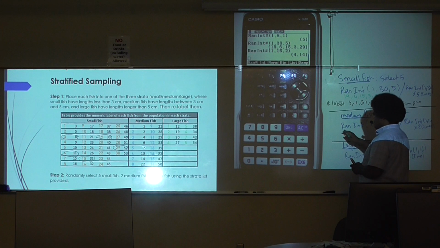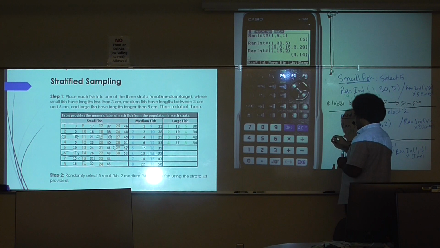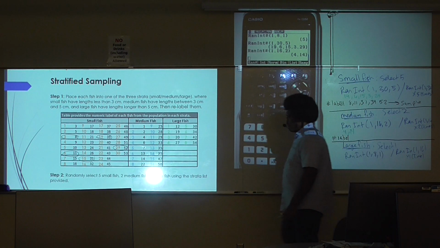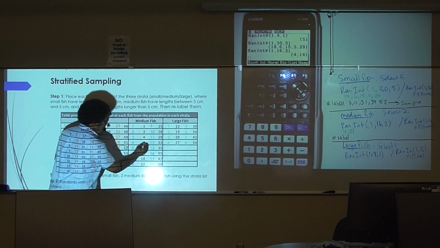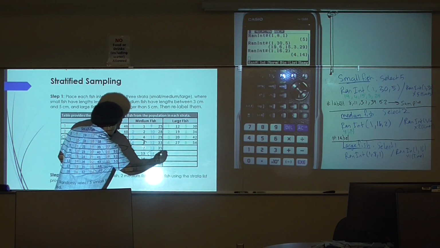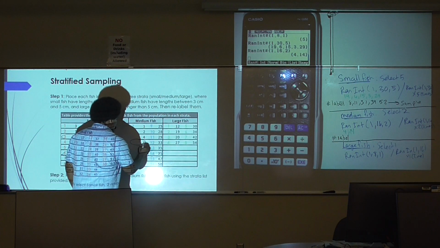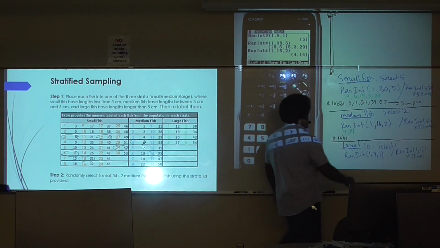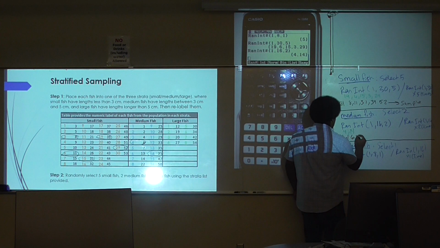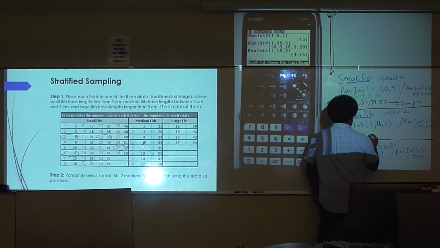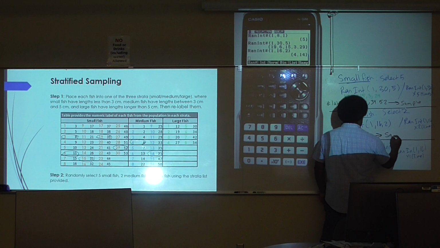So the labels we're looking at correspond from the strata: 4 for the medium corresponds to 6, while 14 corresponds to 35. That's what we're going to put over here: 6 and 35. Those labels in the population fish are going to go to the sample.